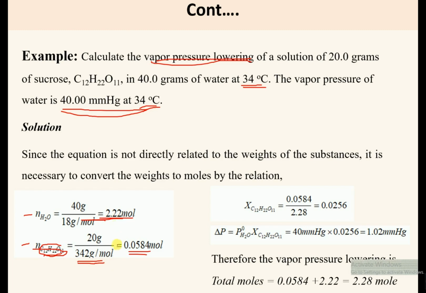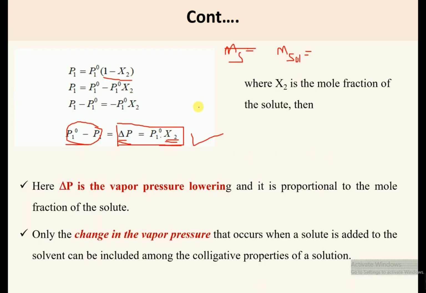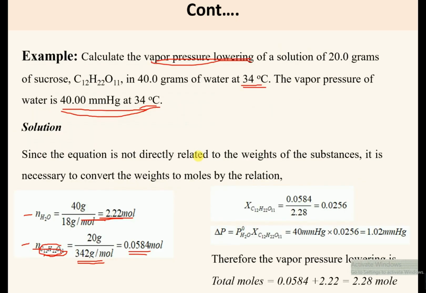So I got the individual moles. To use this equation, note that change in P is equal to the pure form times the mole fraction, where x2 is the mole fraction of the solute. We get the mole fraction of the solute this way: once we have each mole, mole fraction is this divided by total mole. So 0.0584 is the mole of the solute, divided by the total. The total is the sum of the two.